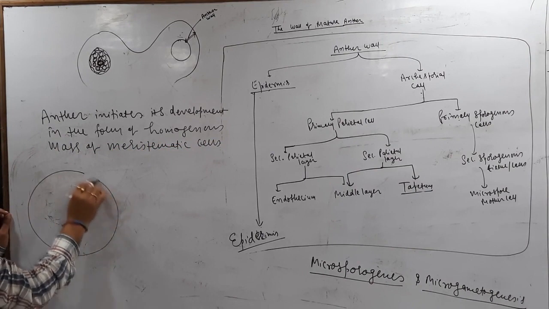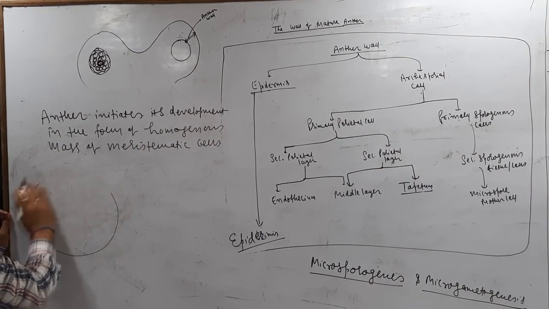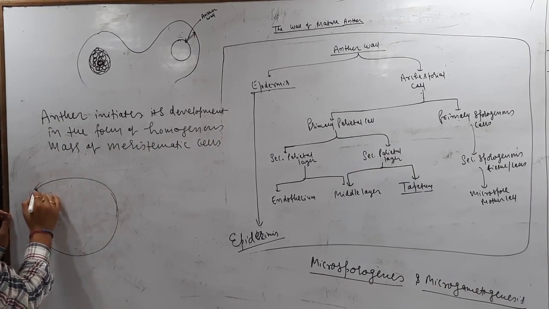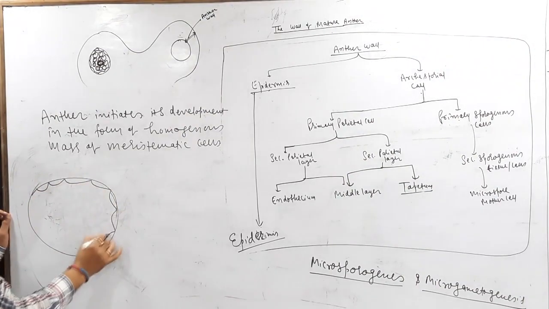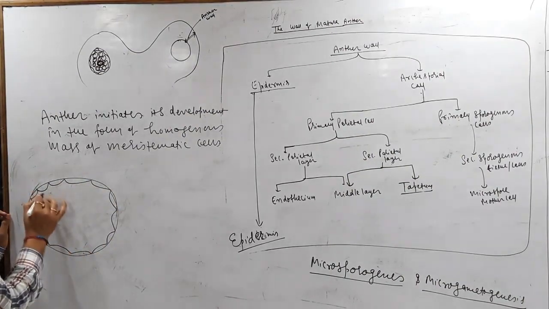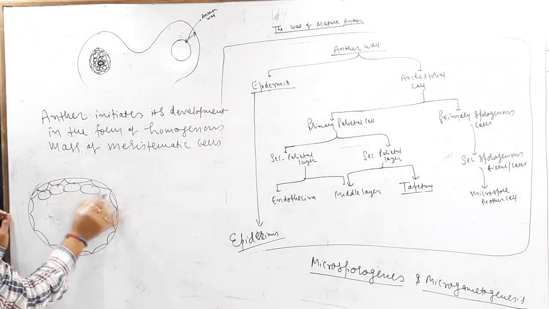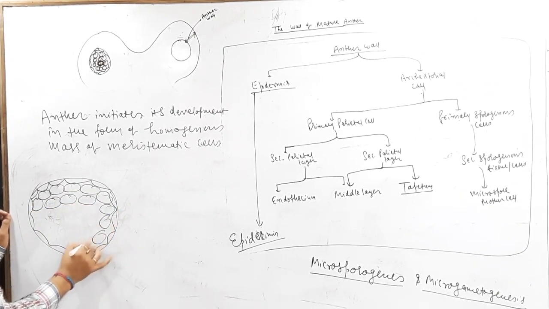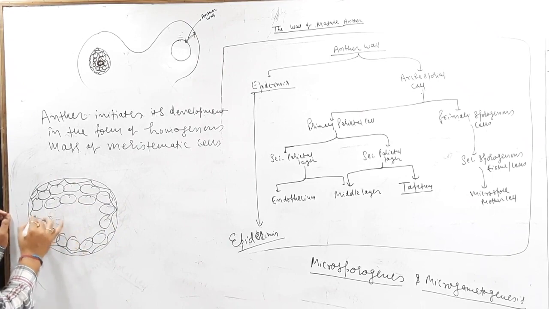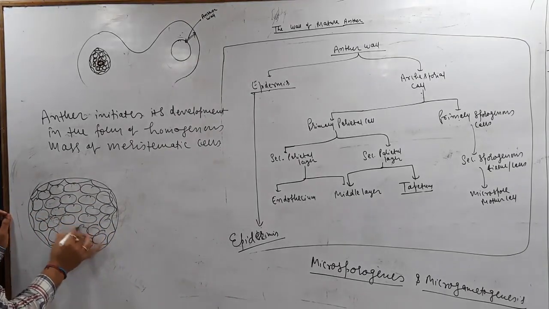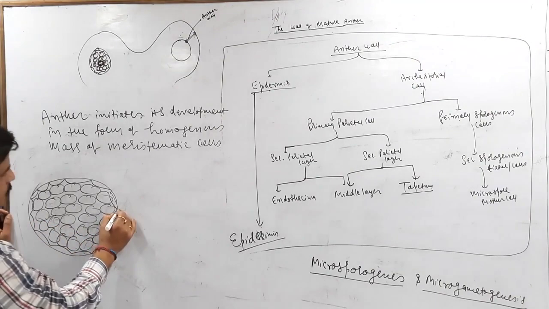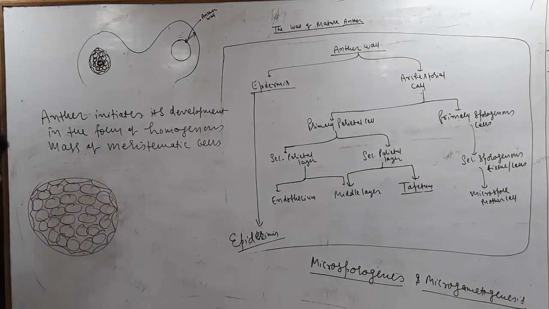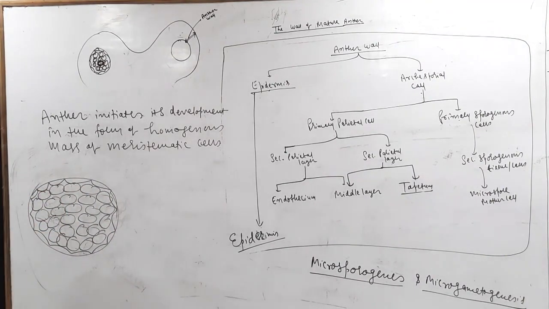This is the diagram of the growing anther. This is the outer layer of cells. The mass of meristematic cells is here. This is the stage of the immature anther.